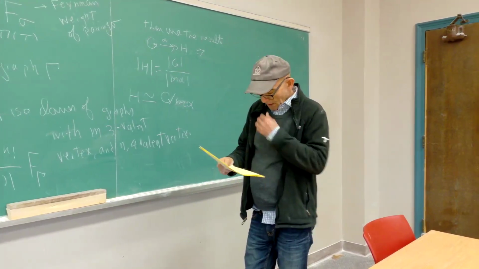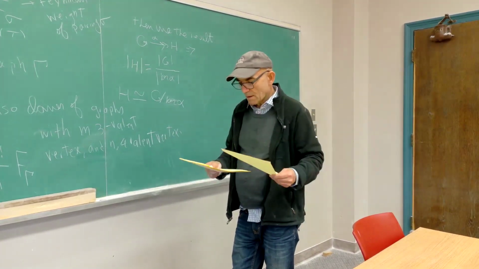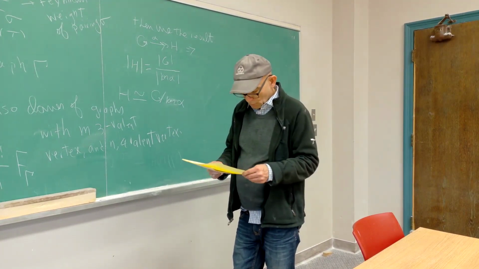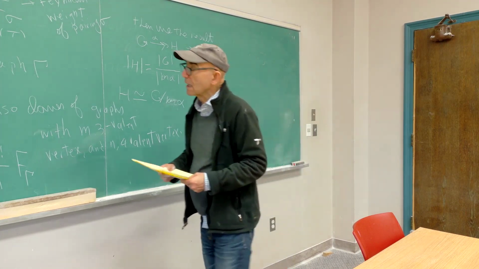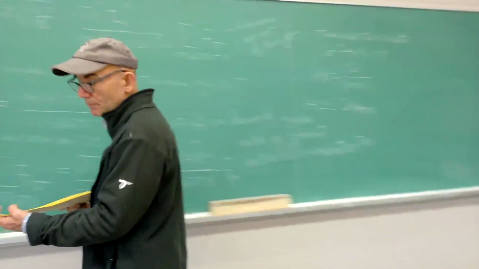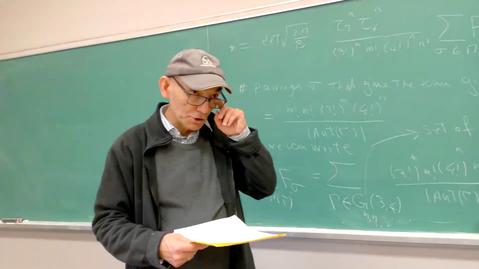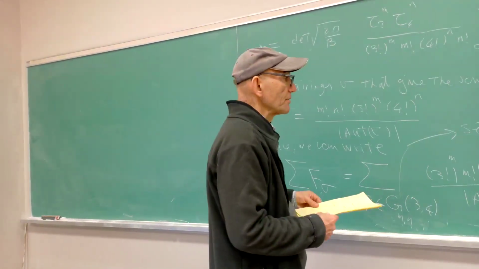There's this one, and there is one more item left, and that's that we now have to take care of the powers of H. We have to count the powers of H as well.